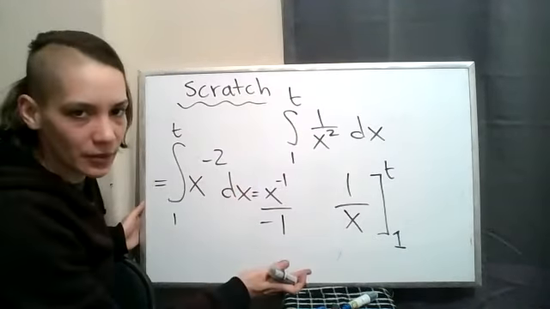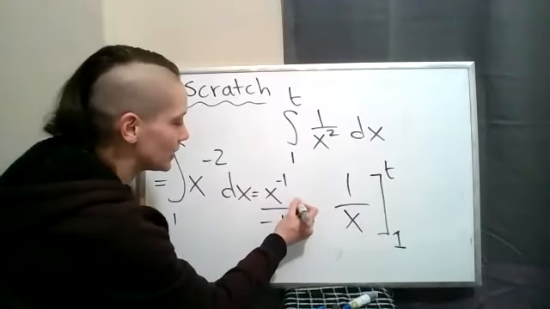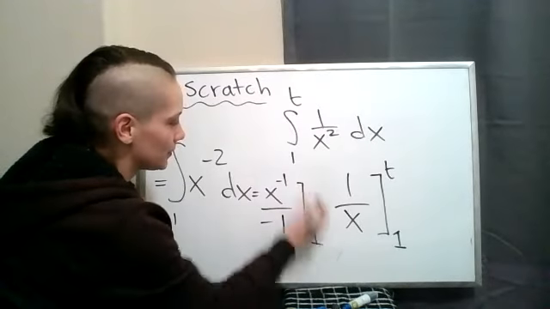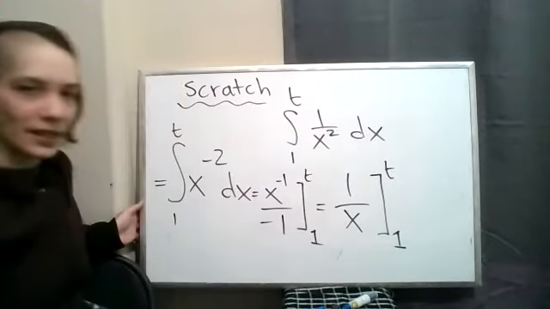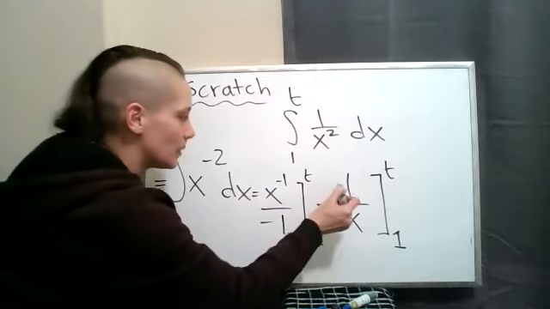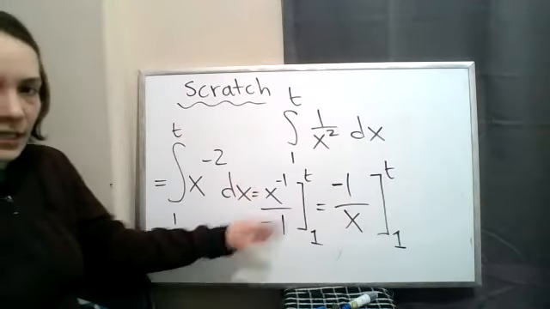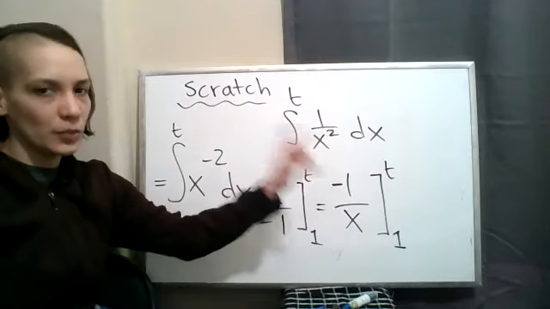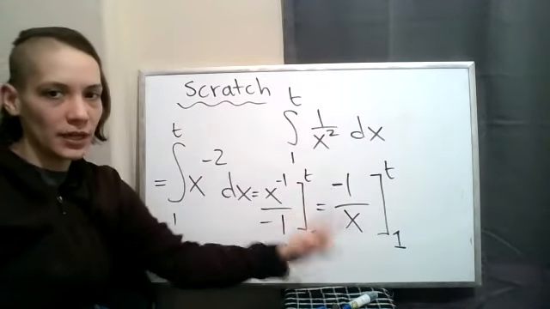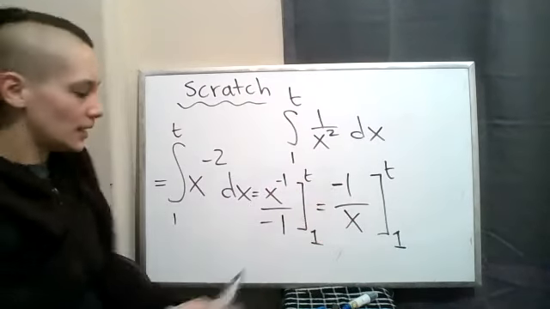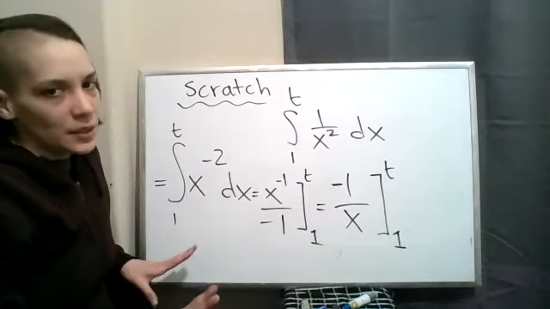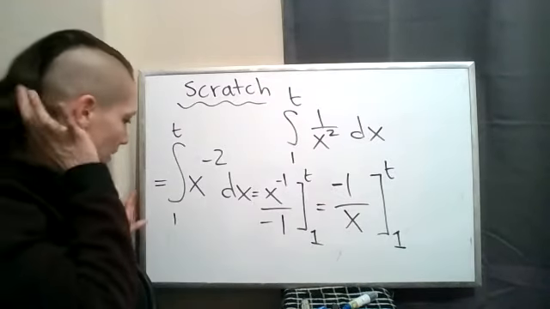I should have just done all of the work in the first place. Sorry, guys. Okay, here we are. Negative sign though. Negative 1 over x from 1 to t. So put in t first and then subtract, putting in 1. This is just a piece of the problem, so we're not done yet.